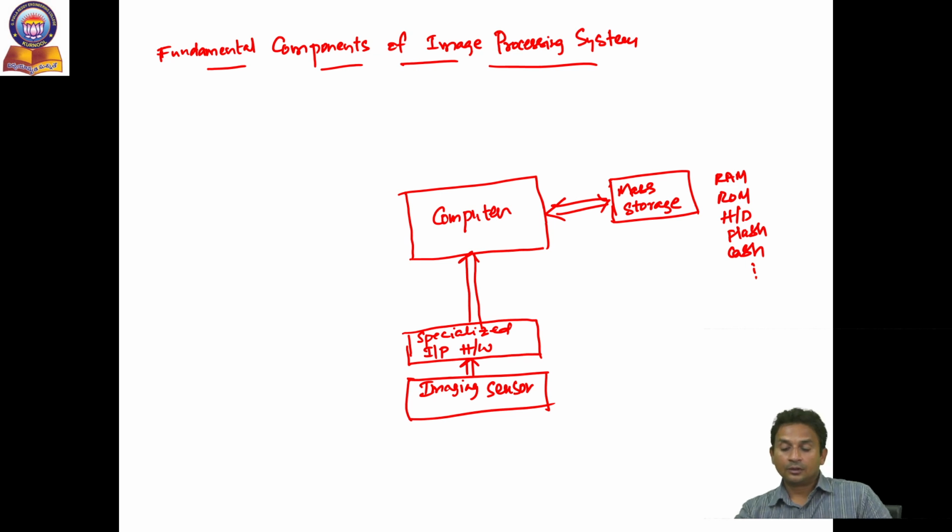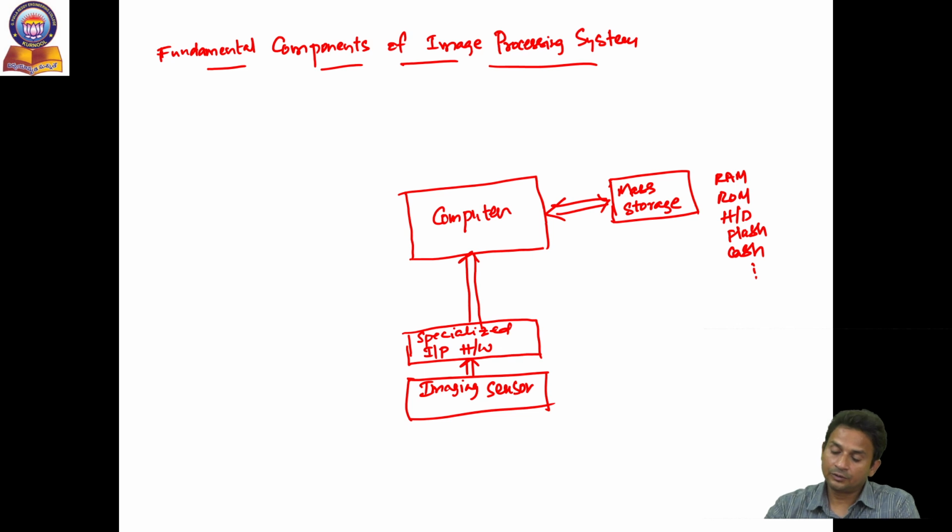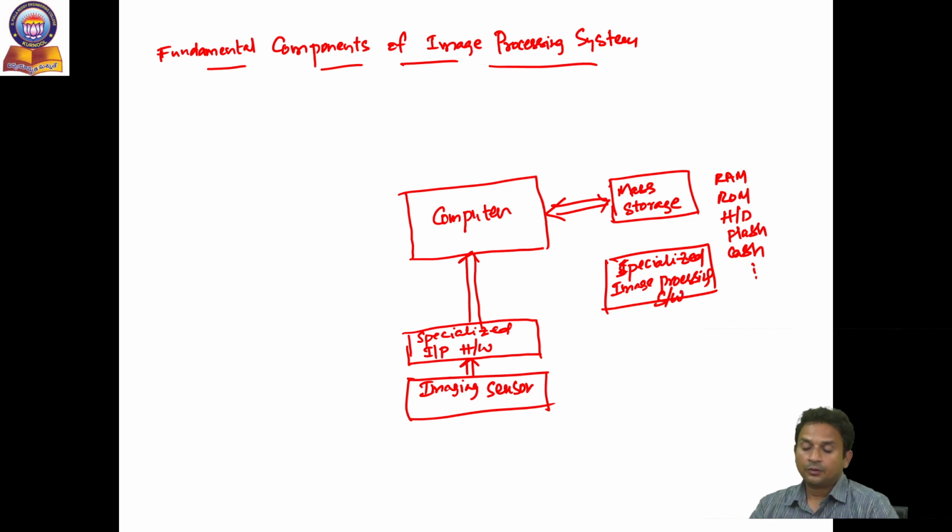And along with the storage, we should have specialized image processing software. We cannot use regular software to process image data, because it may take additional time to read and display the data.